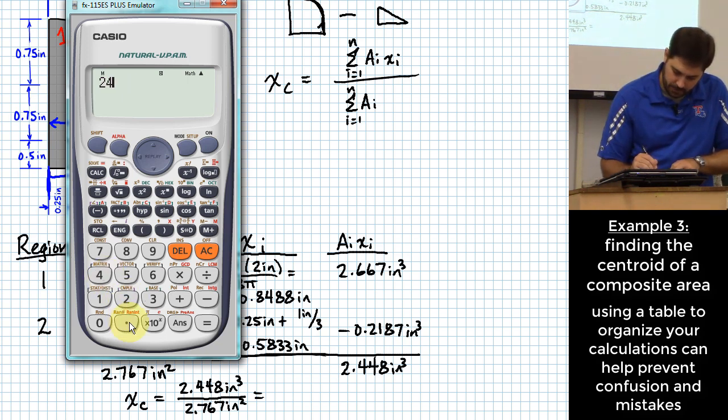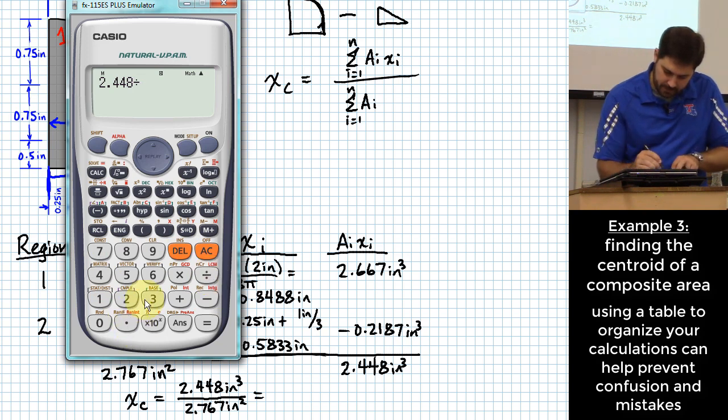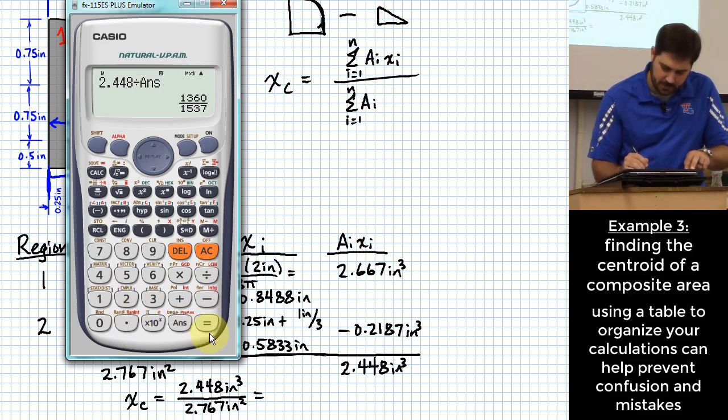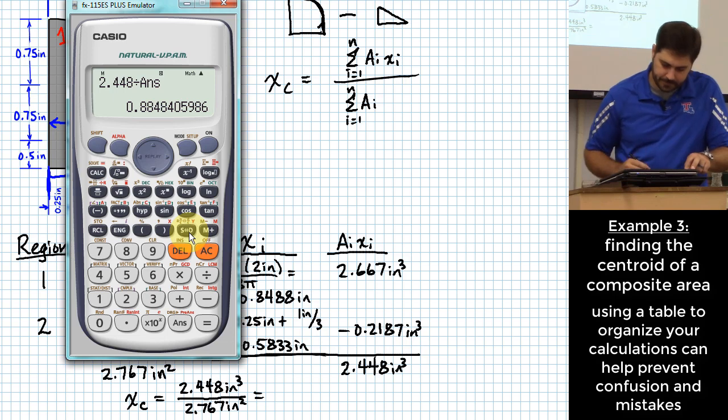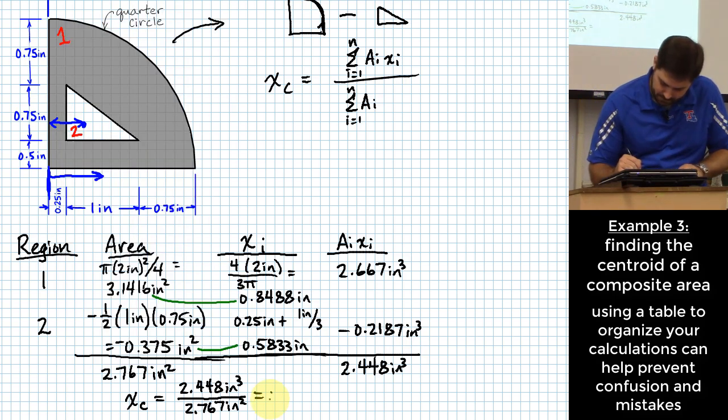So 2.448 divided by, I think that was my previous answer, gives 0.885 inches.